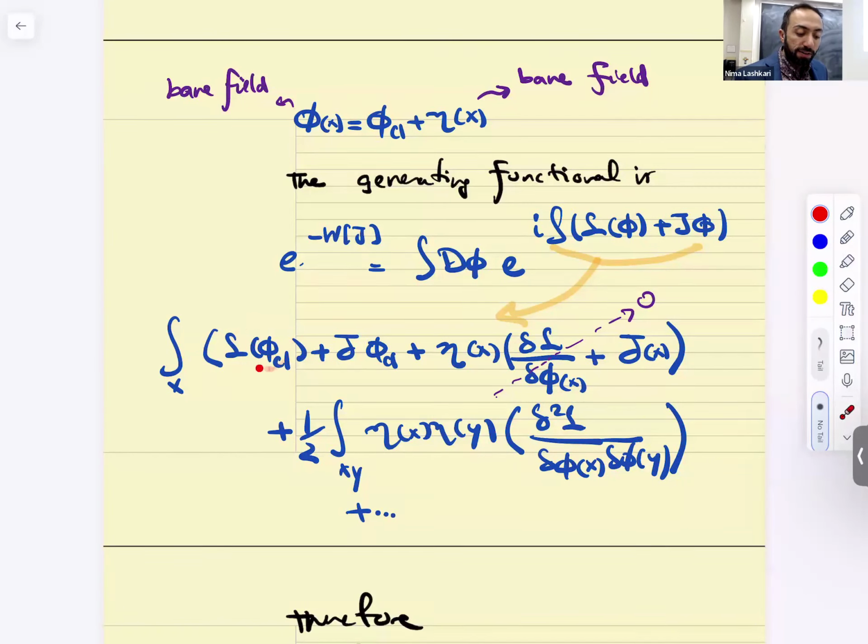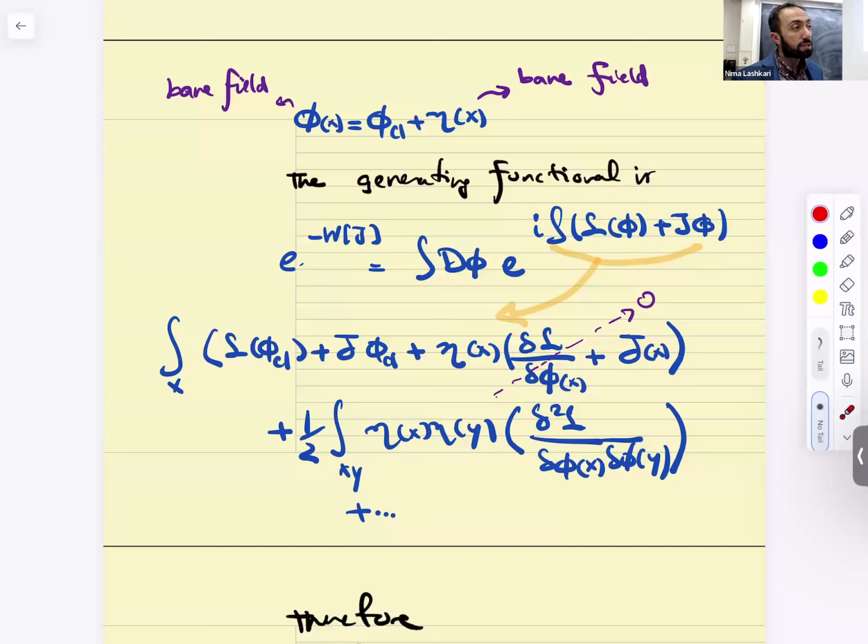So there will be the part of the action which is classical, the value of the action evaluated on phi classical plus J phi classical, right? Then to the next order, I'll have to take derivatives of the Lagrangian with respect to phi, and here's the first-order eta that sits here. The coefficient of it is delta L over delta phi at x plus J of x.